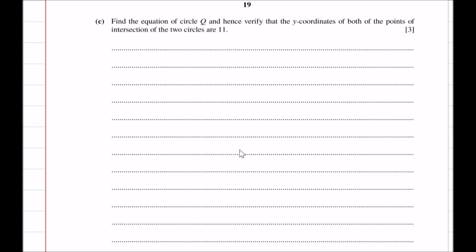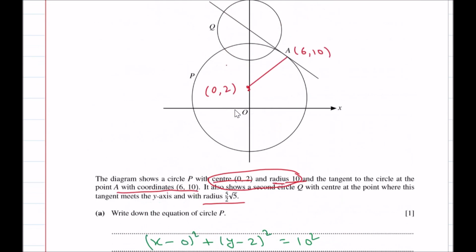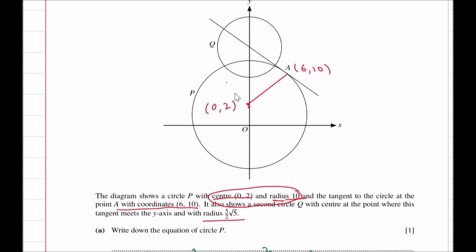So we need to find the equation of the circle Q. So circle Q is here. To write the equation, we need center, right? We need center and the radius, right? So center and radius, let us see.